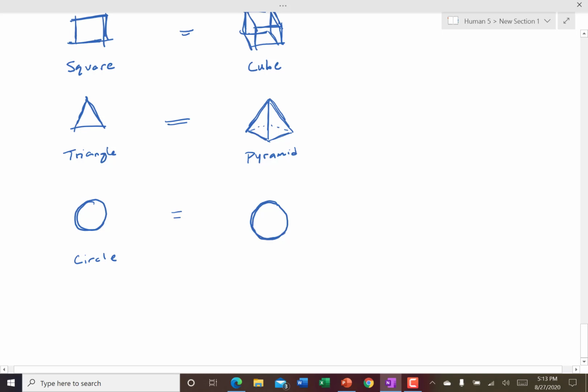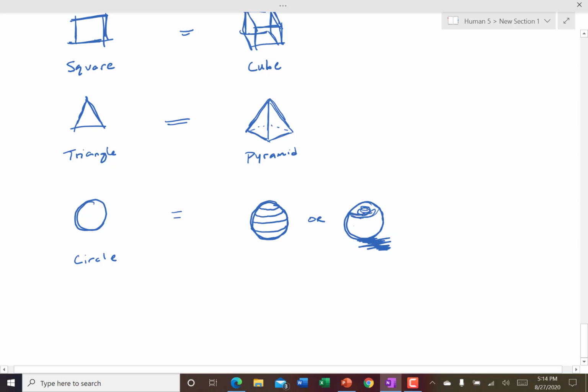And now, how do you represent a sphere? You can do it by showcasing this idea of roundedness. You could also start using some shading to represent it, and we're going to look at this, it's called chiaroscuro, as far as light.